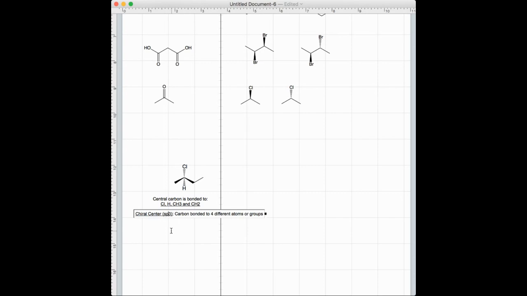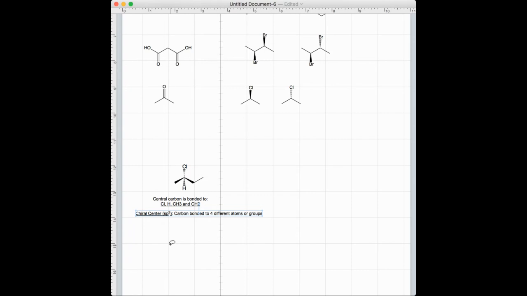The fourth will be pi, okay? So when we talk about chiral centers, we're focusing on an sp3 hybridized carbon with four different atoms bonded to it. That's the definition of a chiral center.